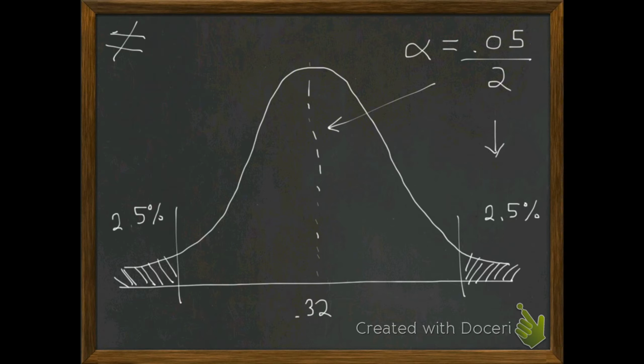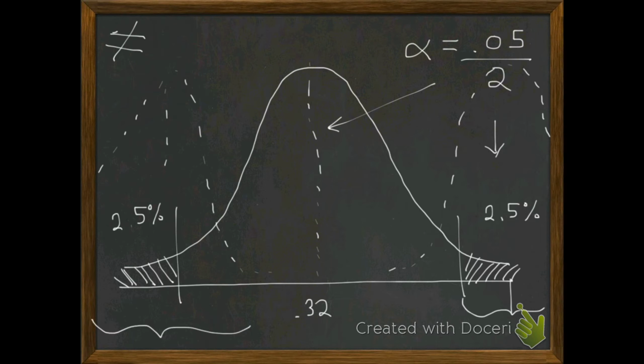Now, the next thing we've got to do is look ahead a little bit and see what true value we are making our calculations for. Because if we're making a calculation based on a true value above p, then we're going to focus on this part of the distribution. If we're making a calculation based on a true p below 0.32, to the left, then we're going to focus on this.